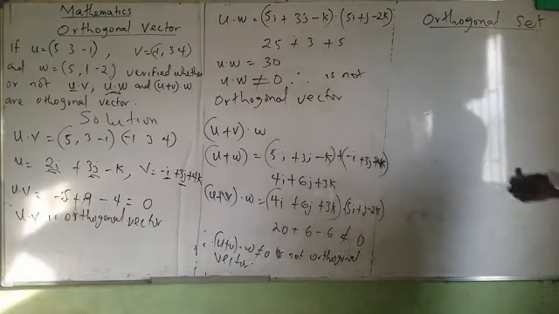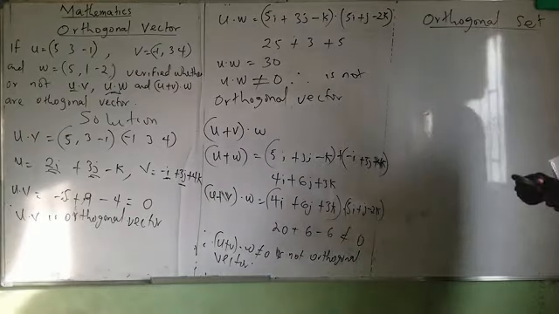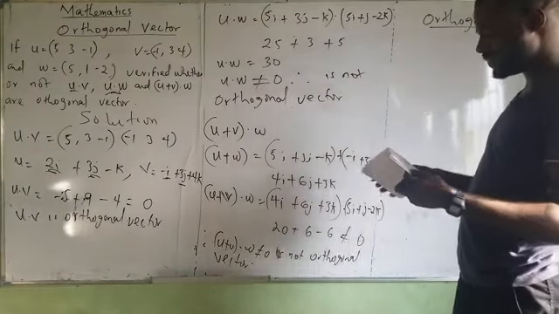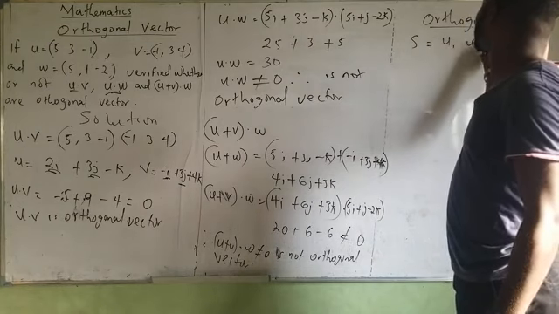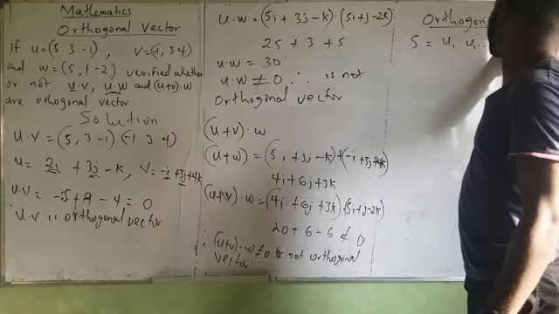Now, when you have something like this, how do I work on the orthogonal? For you to know that something is an orthogonal set, you must declare a non-empty set, which can be U1, U2 to UN.